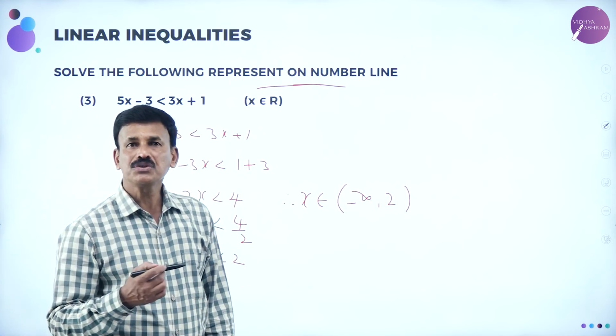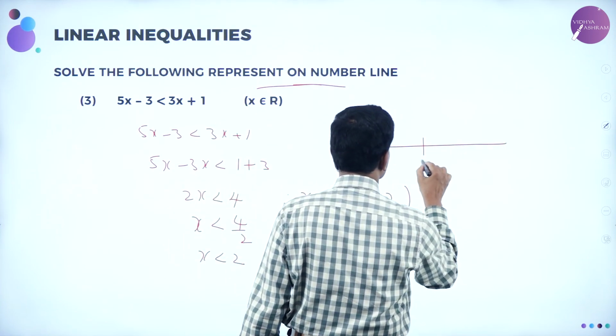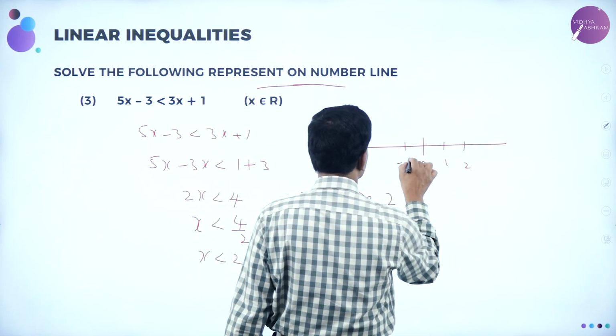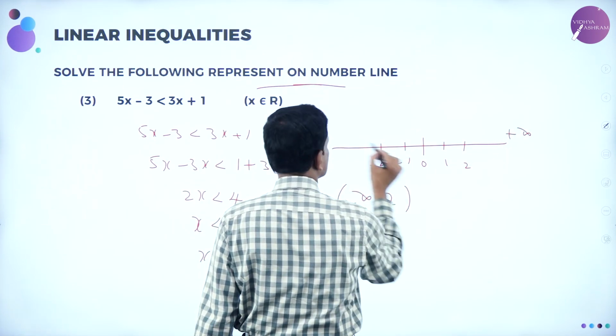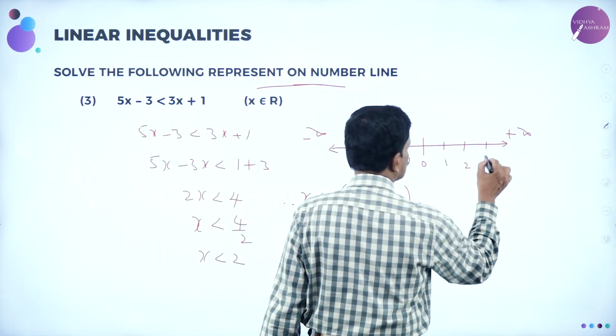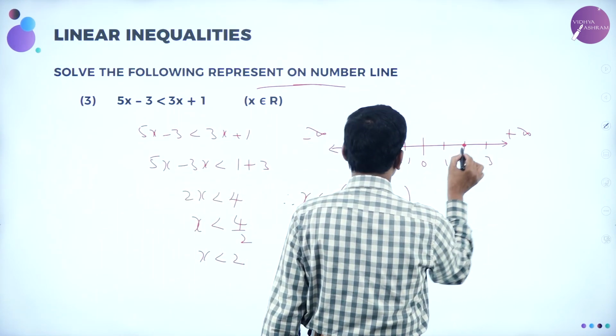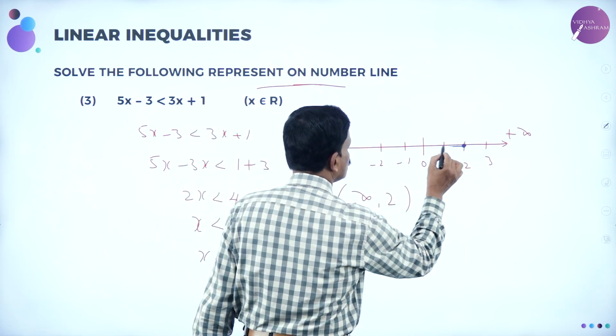That's it. Now how to represent it on the number line? See, this is 0, plus 1, plus 2, minus 1, minus 2, plus infinity and minus infinity. x is less than 2. Here it is 2. This is 3. This is 2 and less than 2 is this side. This is 2 and less than 2 comes here.